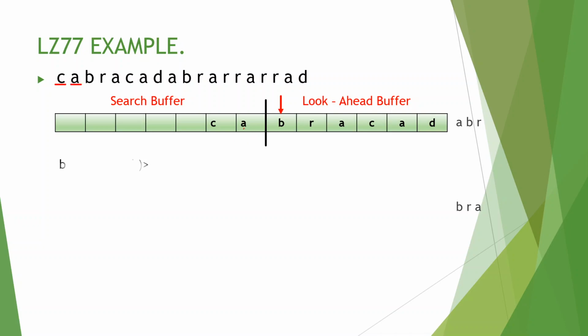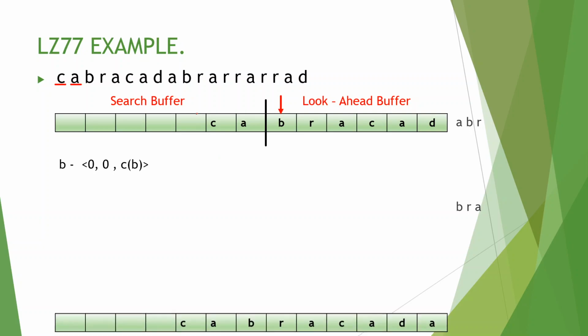So we encode the symbol as 0, the offset is 0, the length of match is also 0, and the symbol B. Now move that B into the search buffer and add the new symbol in the look ahead buffer.